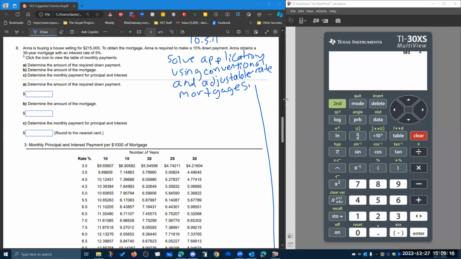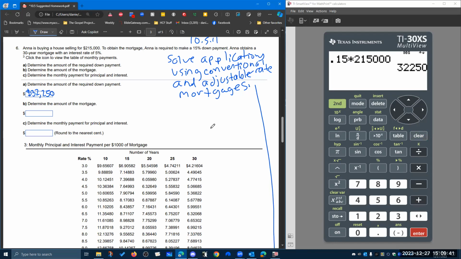So let's go ahead and figure out first the amount required for the down payment. 15% of 215,000 is going to be $32,250.